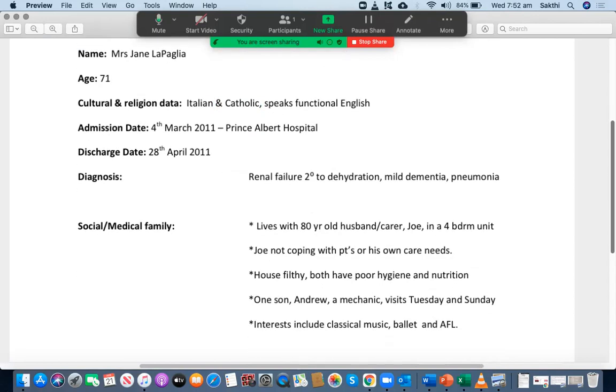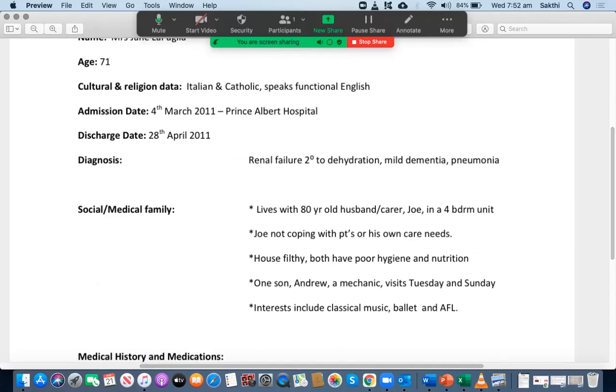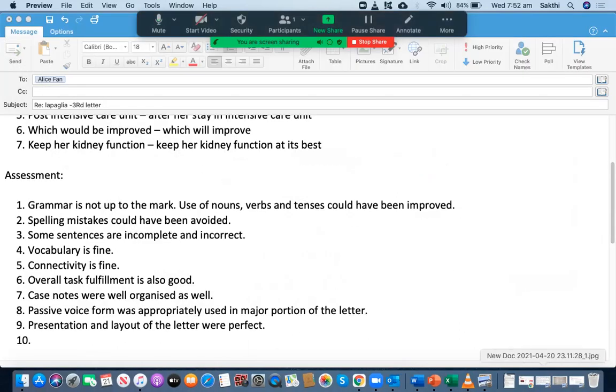Renal failure due to second degree dehydration, mild dementia, and okay, did you mention this one? I don't know whether you have mentioned the mild dementia in your letter.